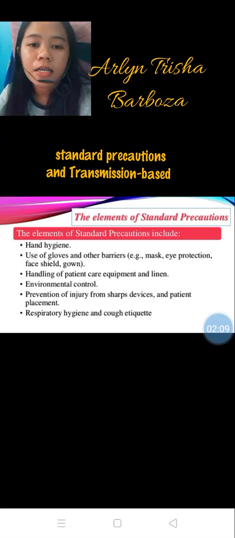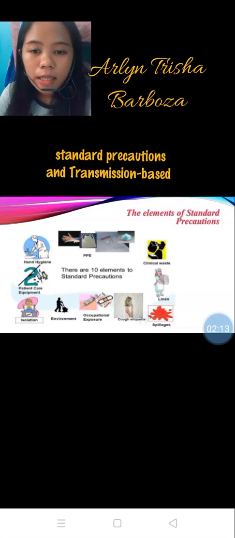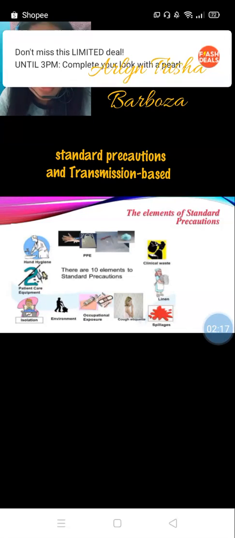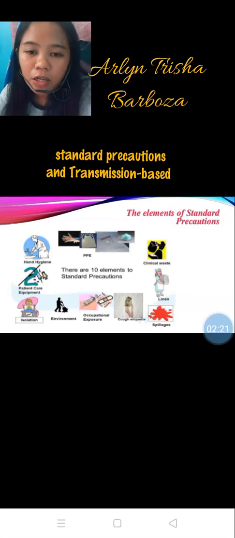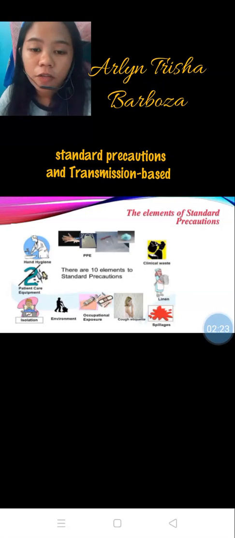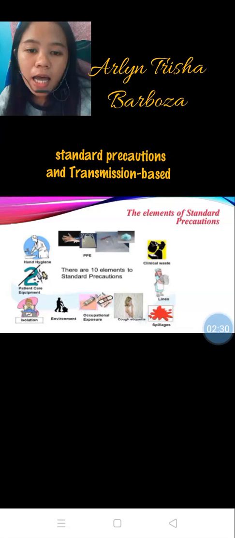That is the standard precautions. Hand hygiene, PPE, clinical waste, patient care equipment, isolation, environment, occupational exposure, cough etiquette, and spillage are the 10 elements of standard precautions.